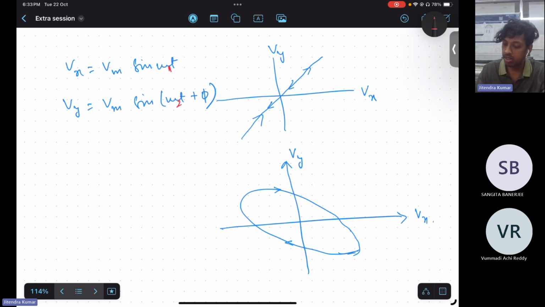So for this kind of a straight line, what is the phase difference between y and x?